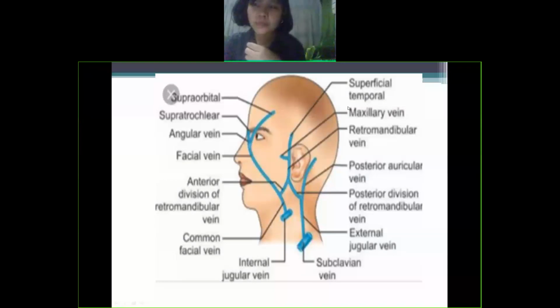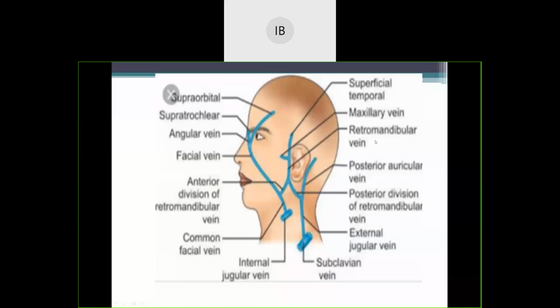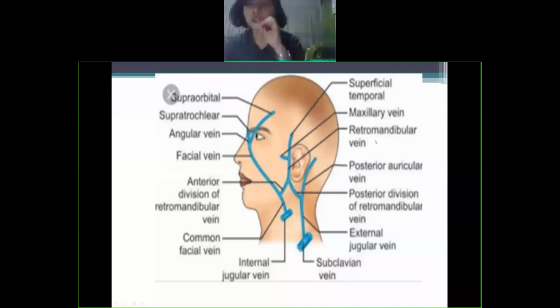And again, the superficial temporal vein and the maxillary vein unite together and form what type of vein? Retromandibular. Yes, okay, very good, it's correct. I think all of you have understood the explanation. Okay, then.